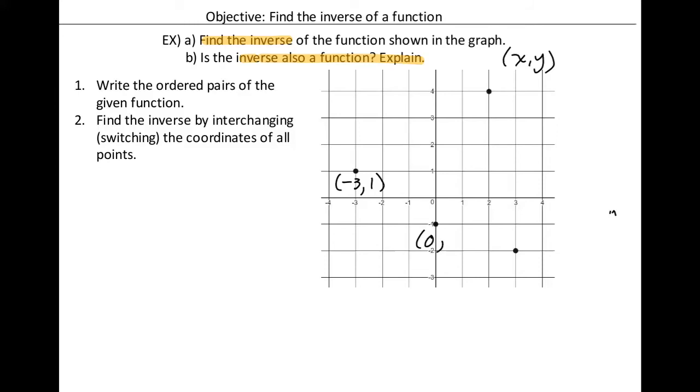The y coordinate is -1. And then the next one to the left is actually the top one over here. My x value is 2. My y value is 4. And then for the last one down here, my x is 3. My y is -2.